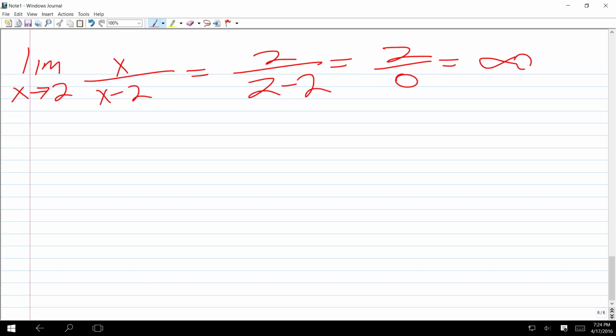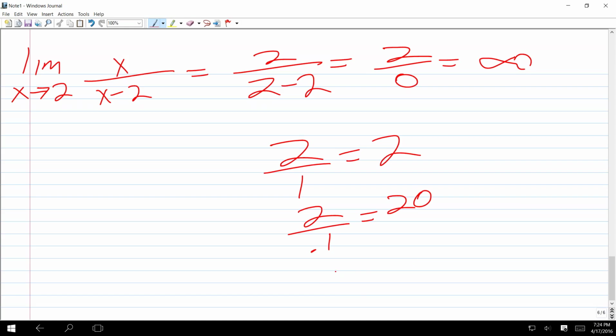In other words, if the denominator's blown up, just so you can see it, let's take 2 over 1 equals 2. 2 over, I'm going to let the denominator get smaller. Now I'm going to get it smaller still. Now I'm going to get it smaller still. You can see what's happening.